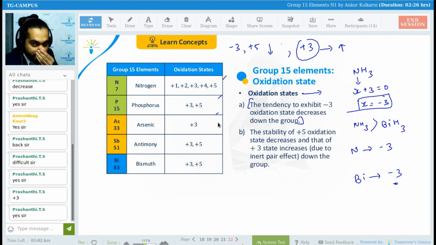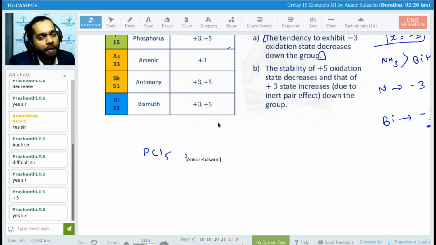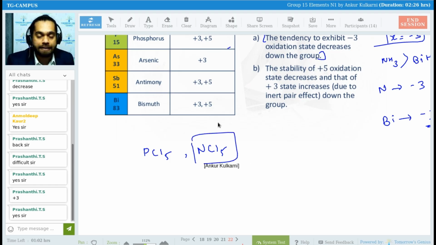I know that I have seen a compound like PCl5. But a compound like NCl5, does it exist or no? If yes, then why? If no, then why? Has anyone seen it in chemistry?